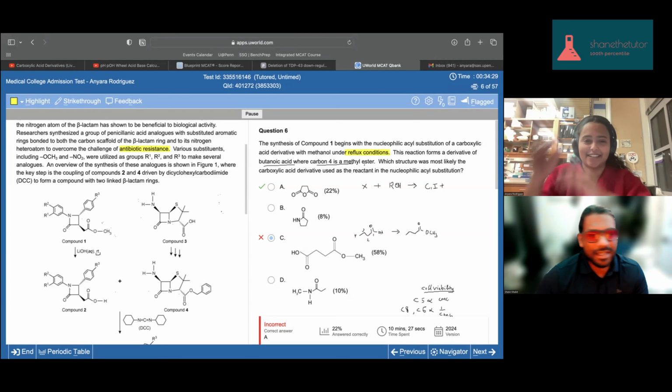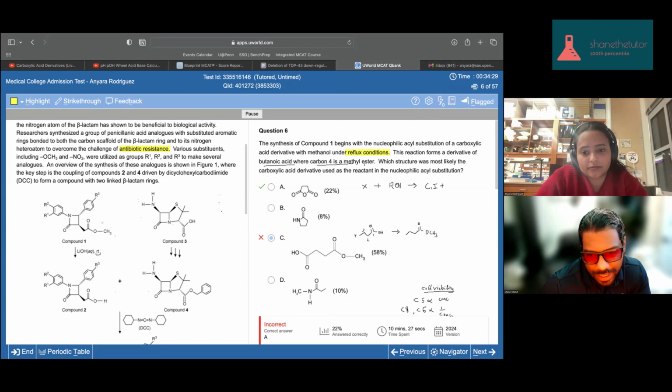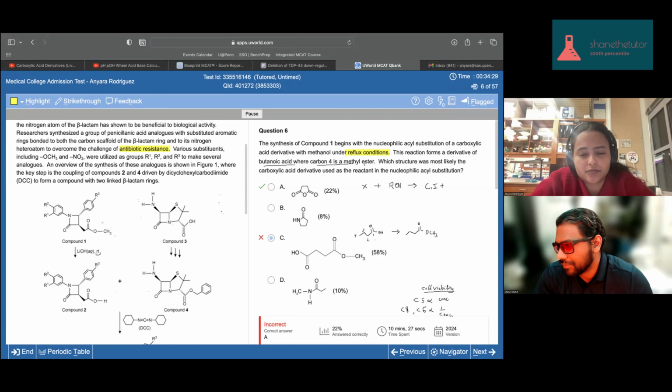I'm not worried too much about the carbon four part, but I know one of the products will be a derivative of butanoic acid, which is this, and then it turns into a methyl ester. That would be taking the carboxylic acid functional group and turning it into the ester functional group.